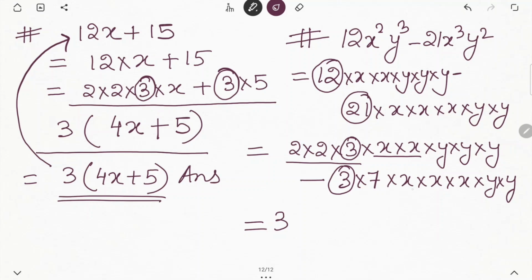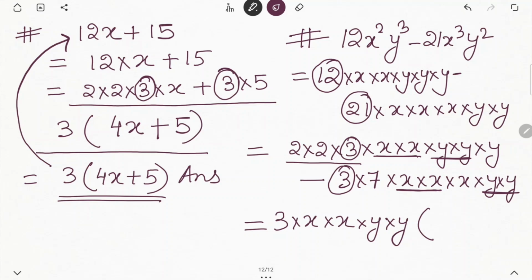That means in both the cases x into x is common, so I write x into x. What about y? Here we have y into y into y and here I have only y into y. So I can say that y into y is common. So I'll take out that y into y. Okay, so these are the common factors.